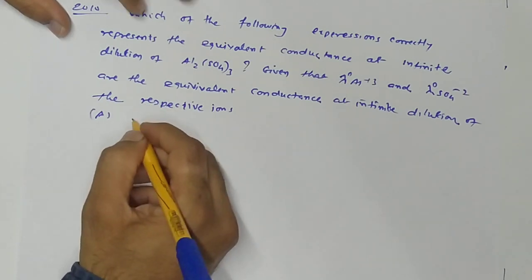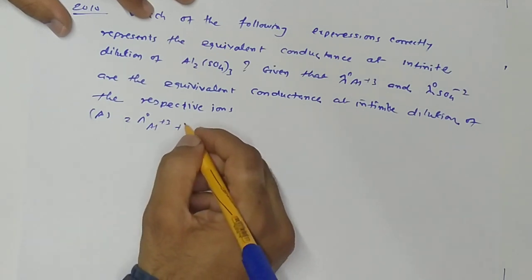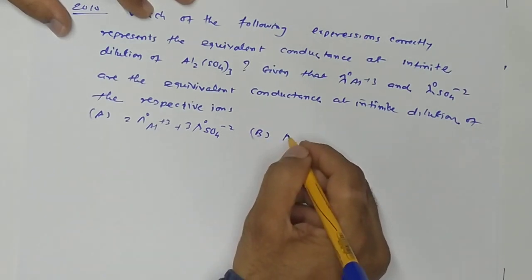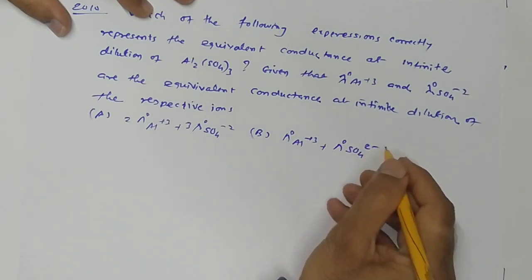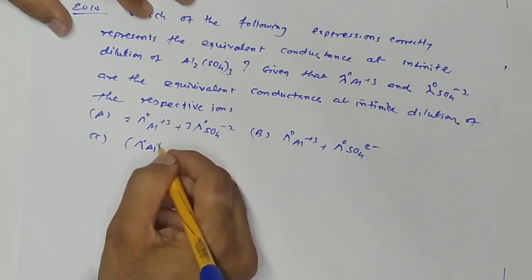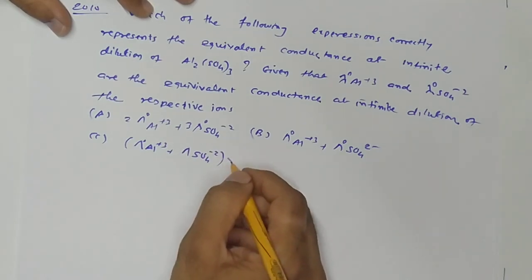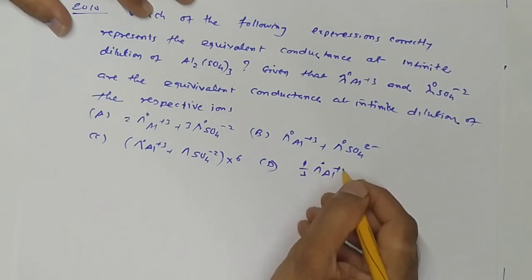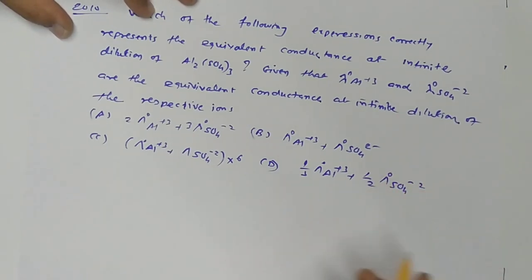Options: A, 2 times lambda degree of Al+3 and 3 times lambda degree of sulfate ion. B, lambda degree of Al+3 plus lambda degree of SO4 minus 2. C, lambda degree of Al+3 plus lambda degree of SO4 minus 2 multiplied by 6. D, 1/3 lambda degree of Al+3 and 1/2 of lambda degree of SO4 minus 2.